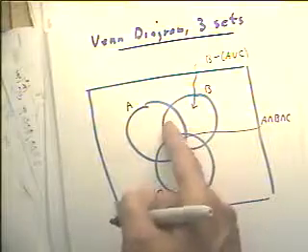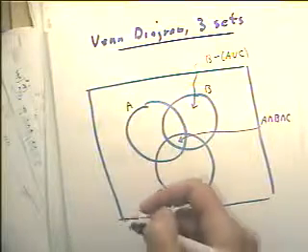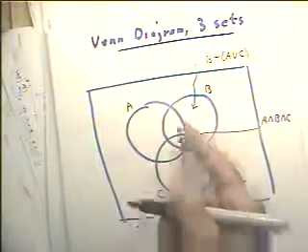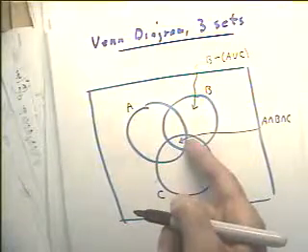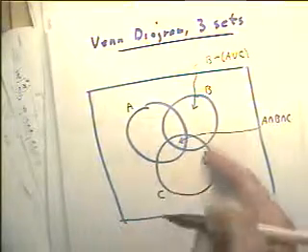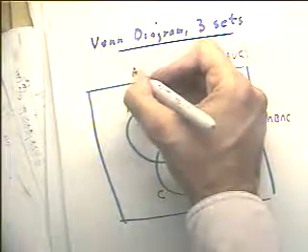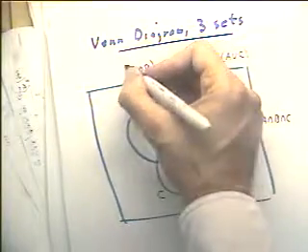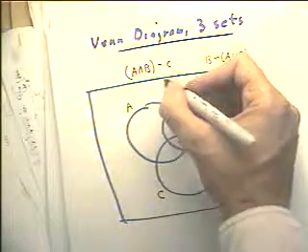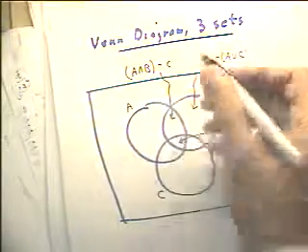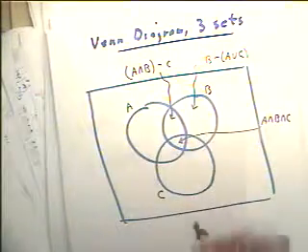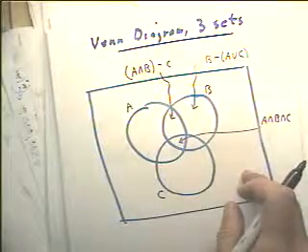What about this region? Okay, now this region is part of A intersection B, but it's not going to include the part that's in C. So what that's going to be is A intersection B minus C. What's this region out here?